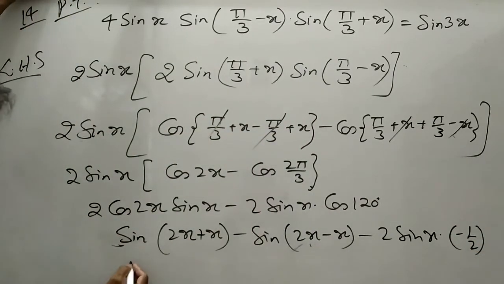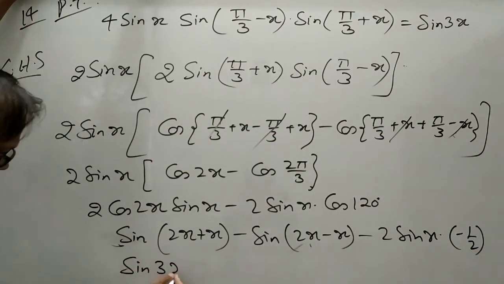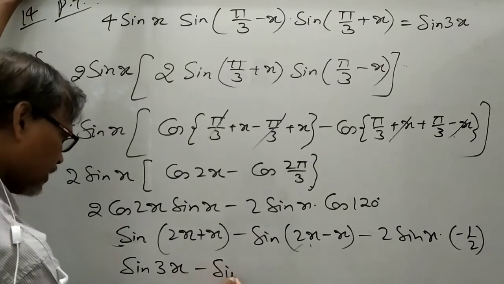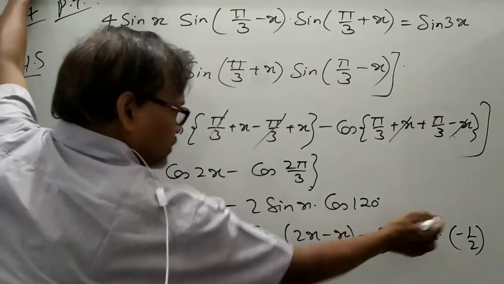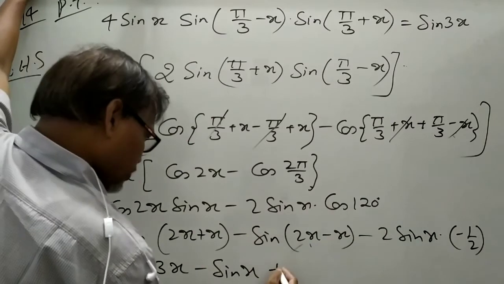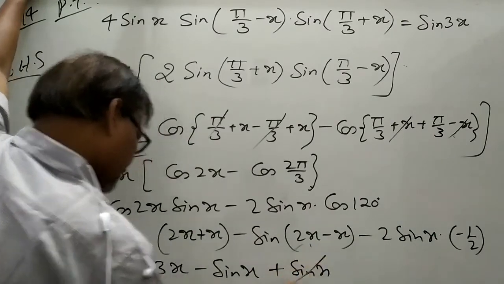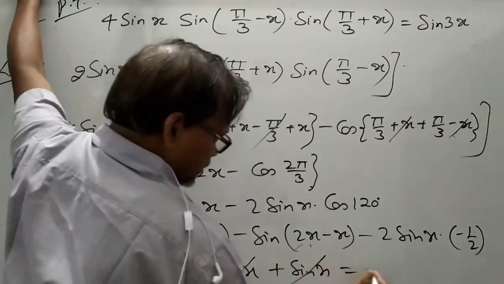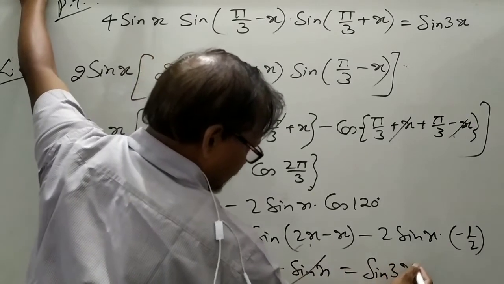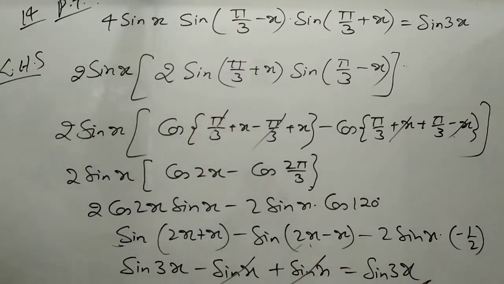Now simplify, so it will be sin 3x minus sin x, and minus minus plus, 2 cancels, plus sin x. Can you say it is equal to the right hand side, sin 3x.